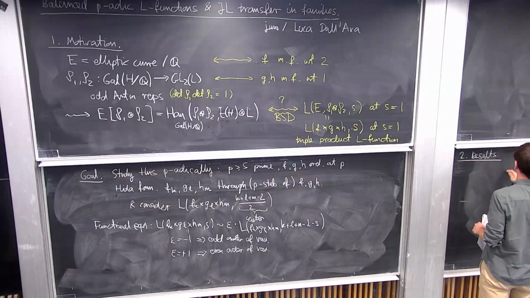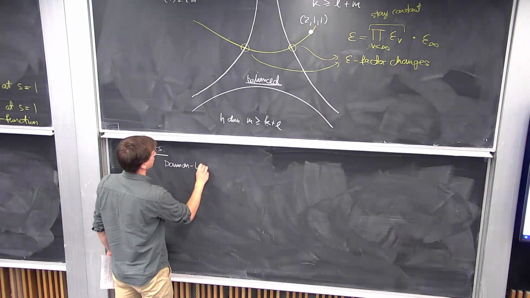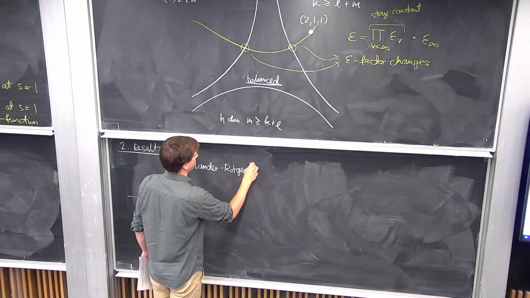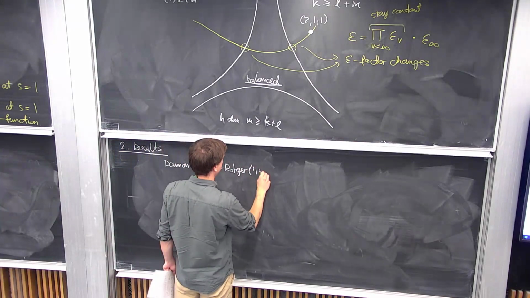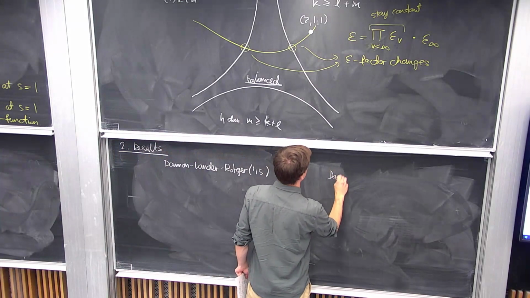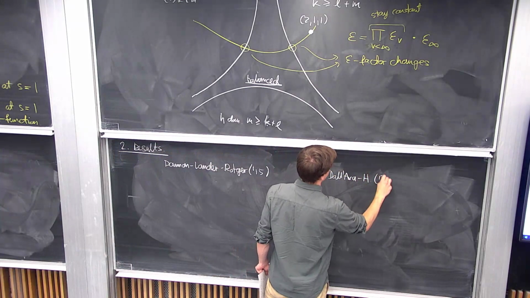There's this work that Alicia also mentioned by Darmon, Lauder, and Rocher from 2015. And also in parallel try to say what we do with Luca. This is a preprint from this year.